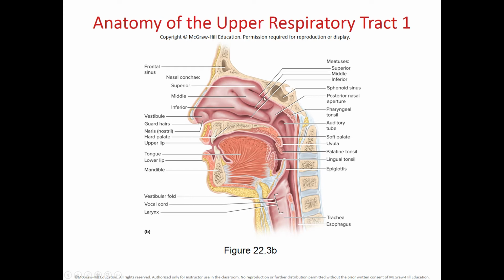So we have superior, middle, and inferior meatuses. Here in the superior and middle meatuses, we have the drainage of the paranasal sinuses, while in the inferior, we have the drainage of the lacrimal duct. And then here is the vestibule with the vibrissae, and then in here we have the posterior opening that is called the choanae.